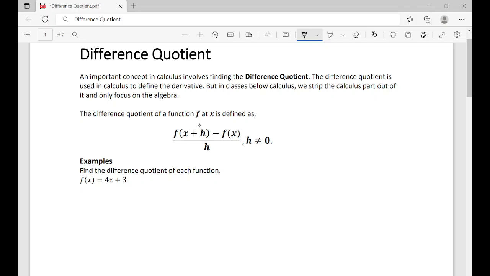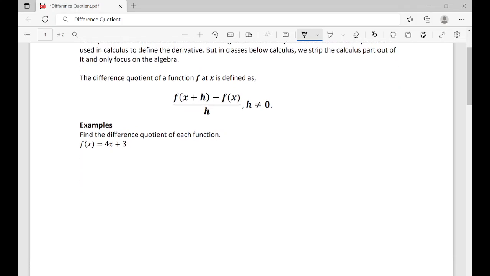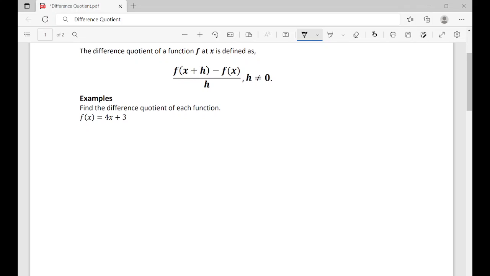Most people get really confused with the f of x plus h, but it's not that bad. You just gotta take it piece by piece, and you'll see that it's not too terribly difficult. So we have the function f of x equals 4x plus 3. First we're going to do f of x plus h.